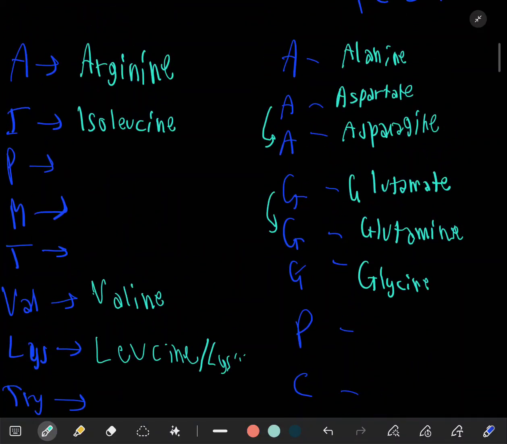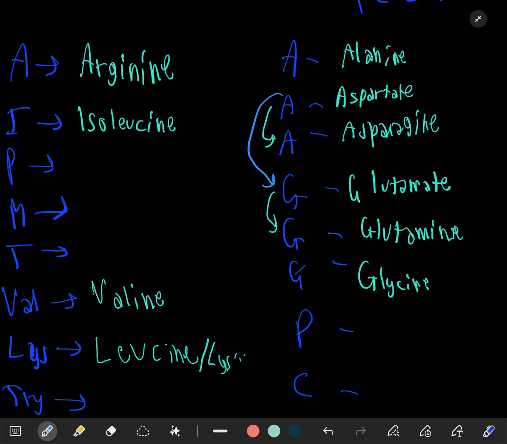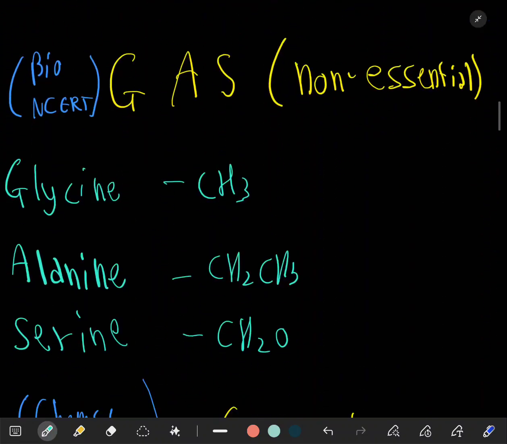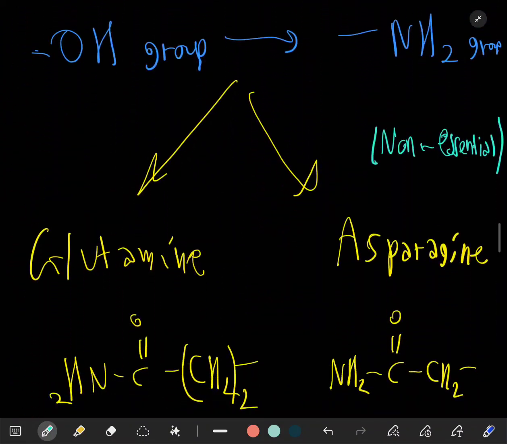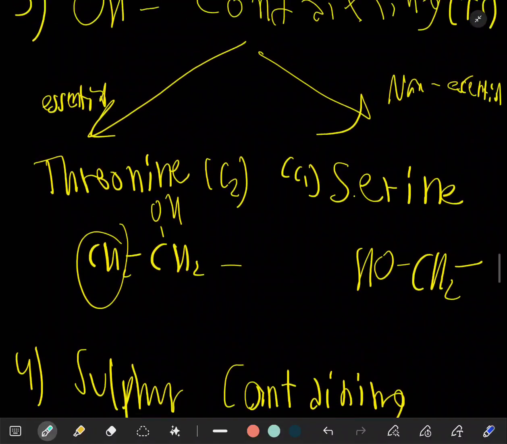So this is how we got them. Another relation we get over here is that these two are the acidic and these two are the acidic replaced with NH2. Okay, so now let's continue. The next ones which we have completed till now are the OH containing, which are serine and threonine.